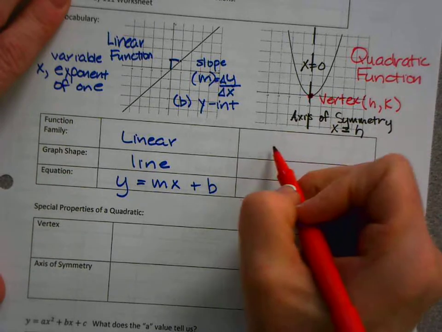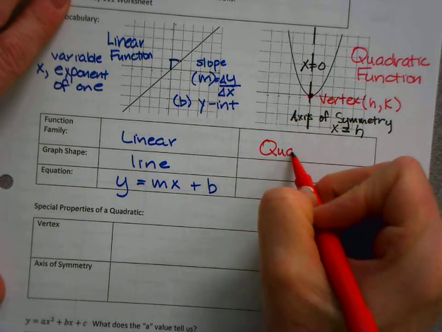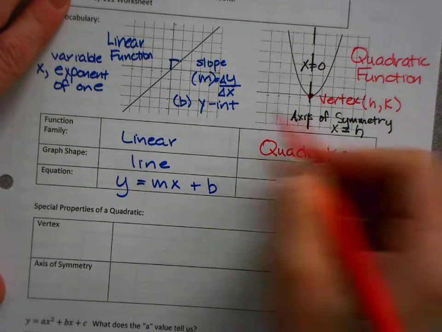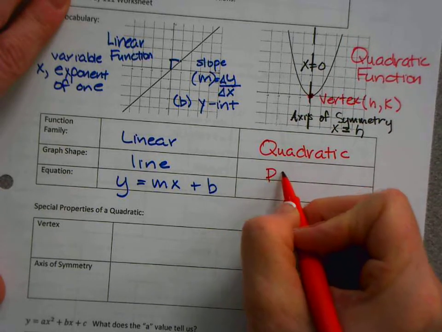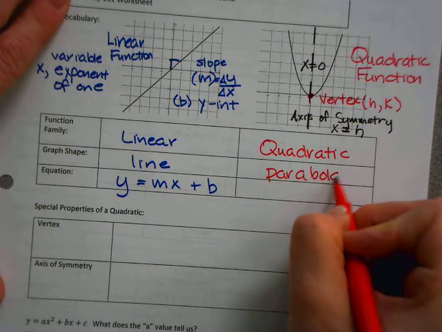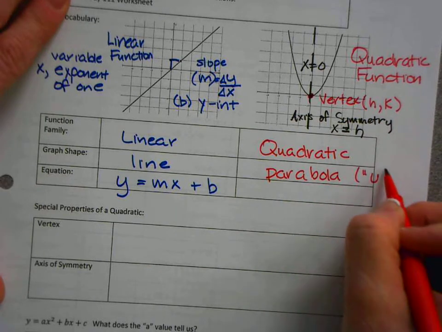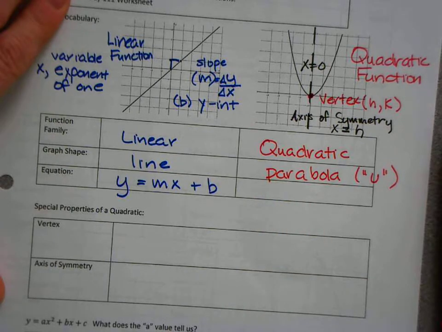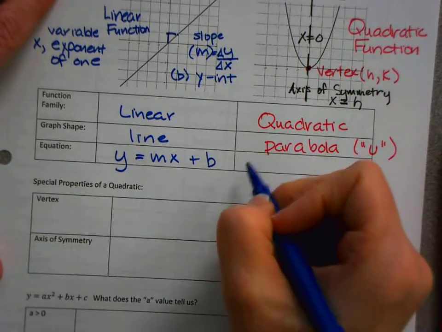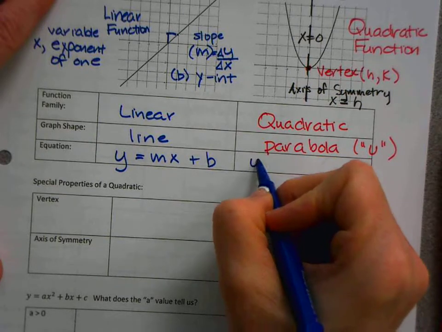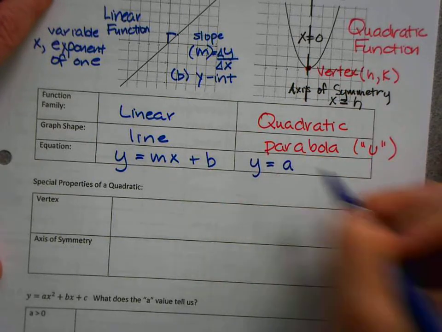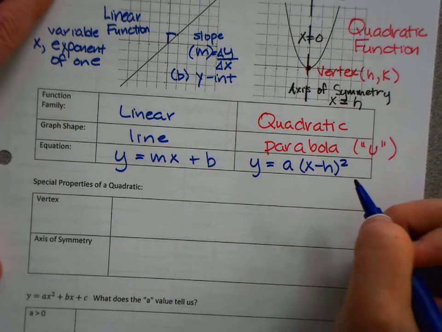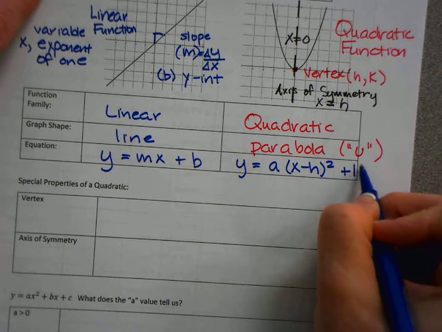Let's look. The function family is quadratic. It is a parabola. This U shape is what we call a parabola. Its equation is, I'm going to give you the vertex form, y equals a times (x minus h) squared plus k.